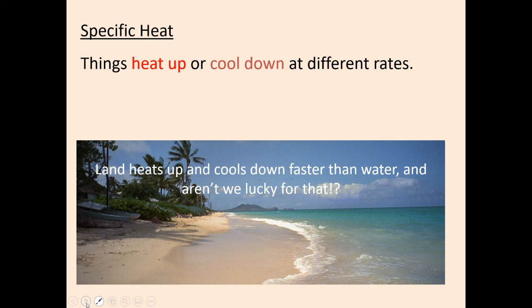If you think about places on this planet that don't have a lot of water, like deserts, you can see this really well, because the specific heat of dirt or sand is a lot lower than that of water, meaning it heats up a lot faster than water does. So in a desert during the day, when it's being bombarded by the sunlight, it gets really hot.